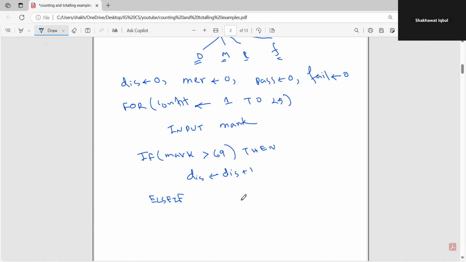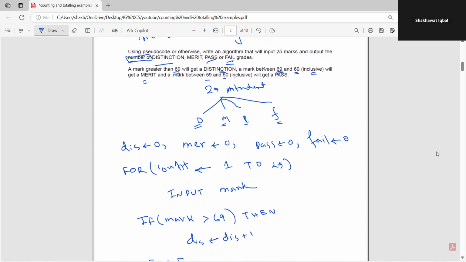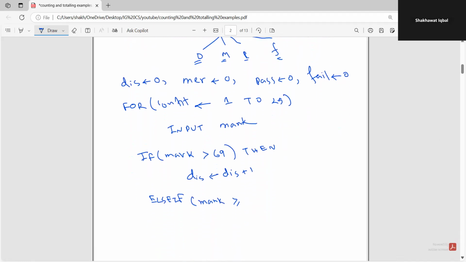Else if the mark is greater than or equals to 60 and mark less than or equals to 69, then merit equals merit plus 1.